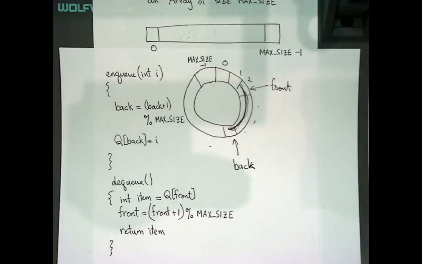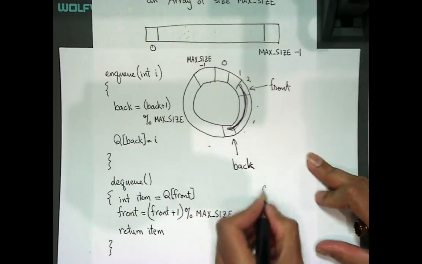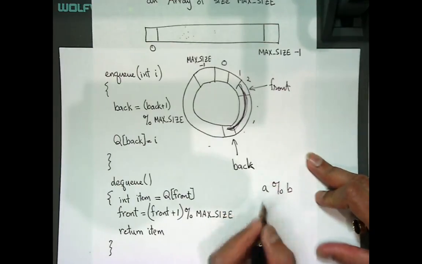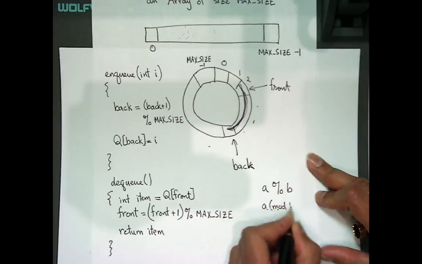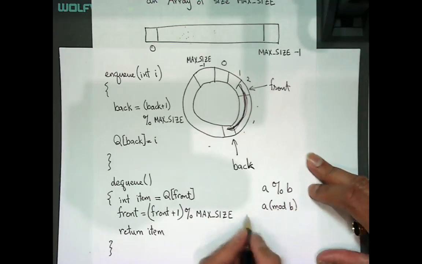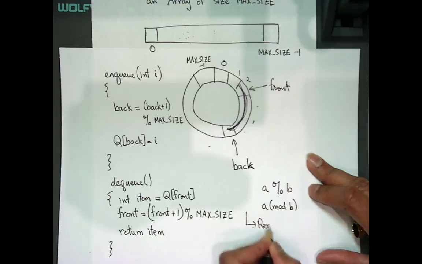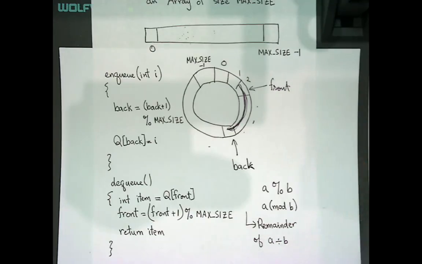Does this make sense? So let's actually go over what the percentage operator does. So remember, A percentage B in computer science, in math, this is called A mod B. This is the remainder of A divided by B. So this is the remainder function.